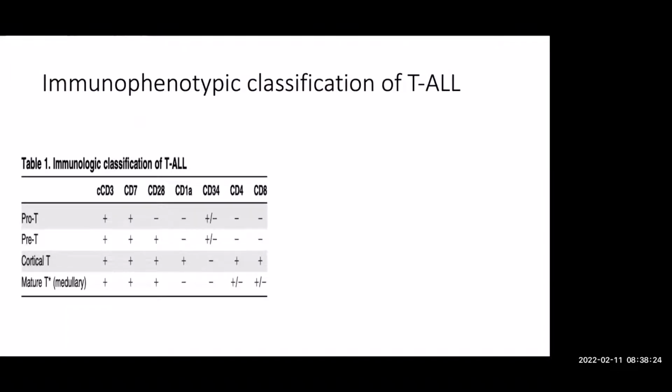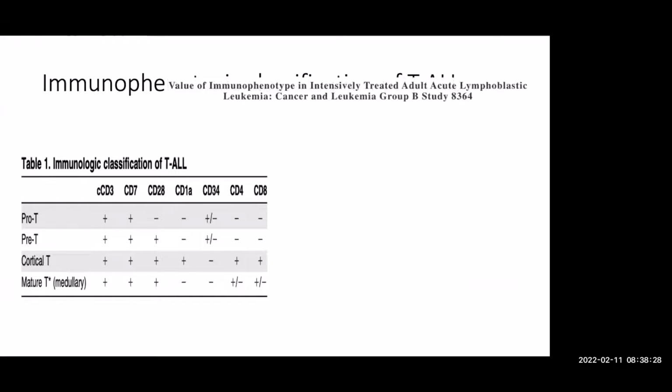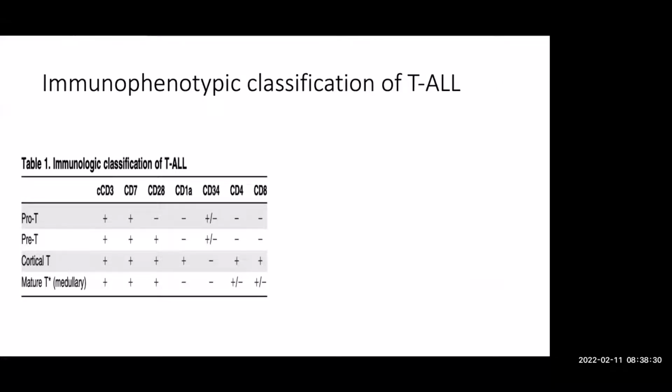Coming to the immunophenotypic classification of T cell acute lymphoblastic leukemias, the earliest cells which enter the thymus from the bone marrow are double negative T cells. These double negative T cells come under pro T cells and precursor T cells.